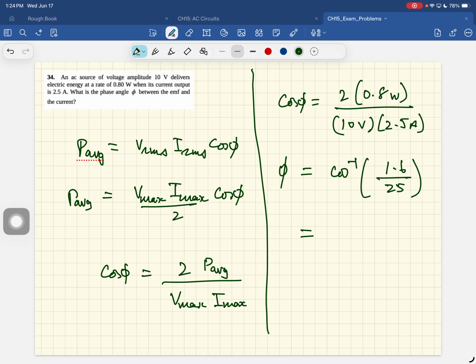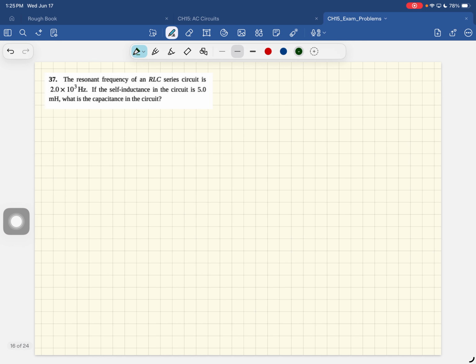So at resonance, phi equals 0 and Z equals R. So, 100-volt source, 100.